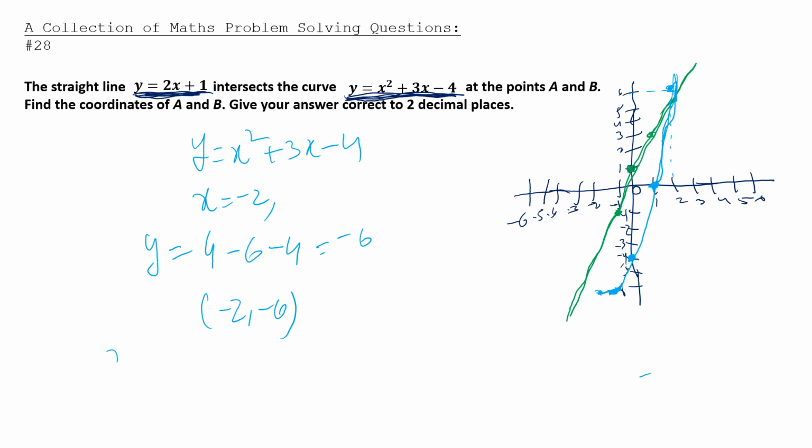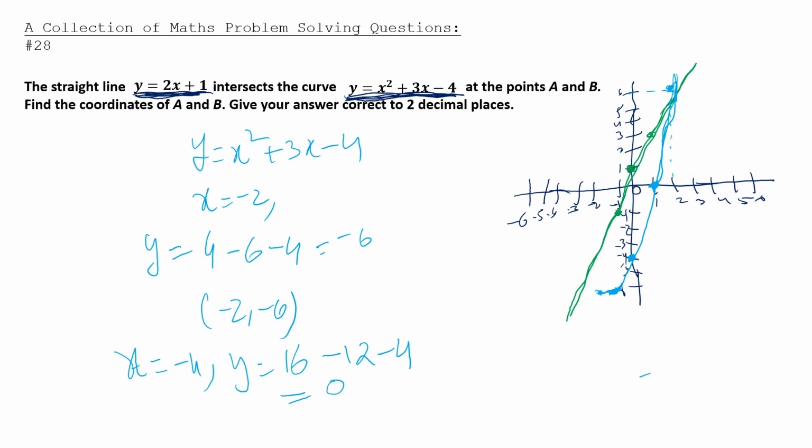And then if I put x is minus 4, I would get y equals 16 minus 12 minus 4. 3 times 4 is 12, so minus 12, and then minus 4, so that's 16 minus 16, 0.